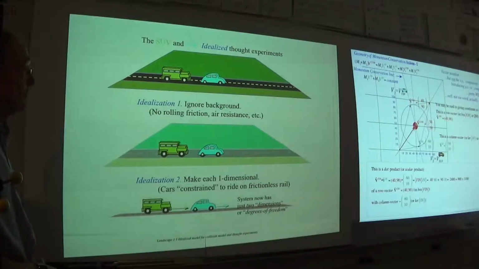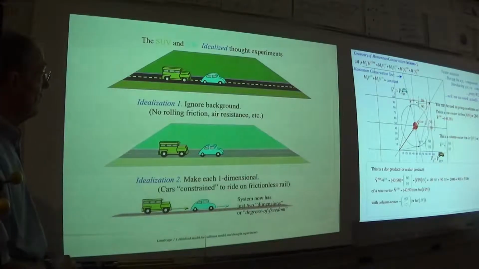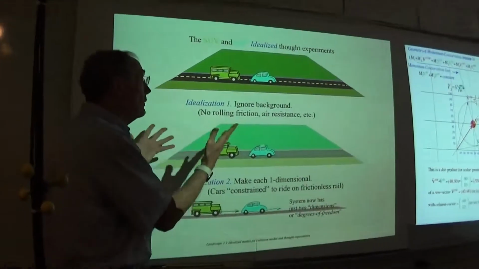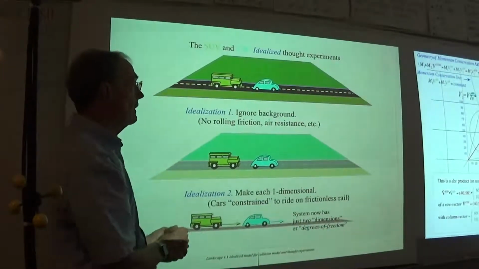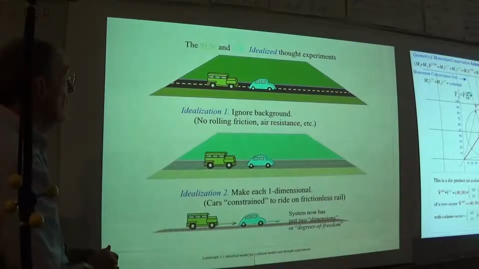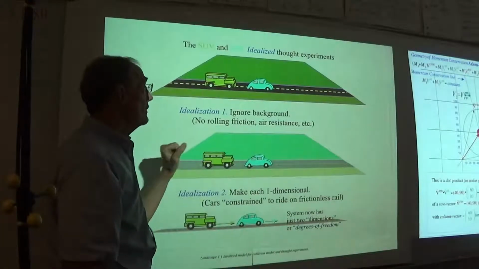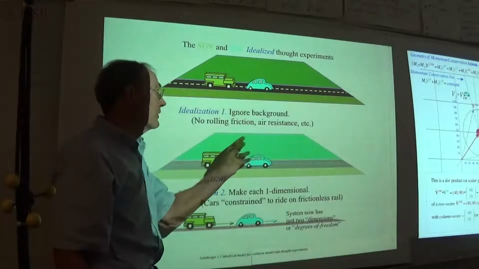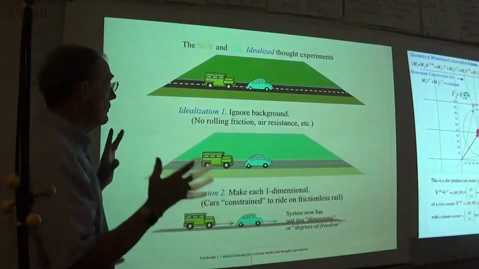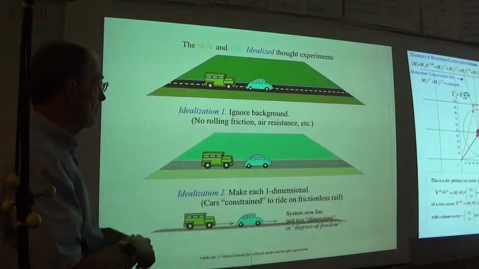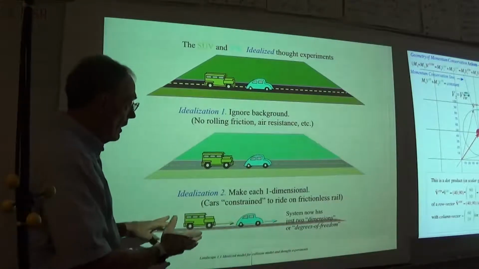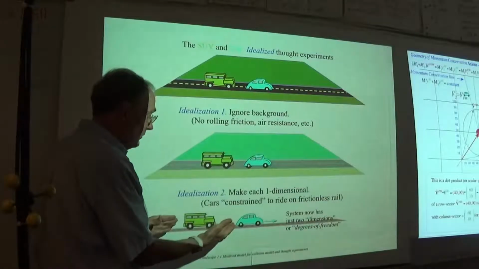In fact, we almost always have to do that, because we just don't know everything. We will always be doing this idealization of models, okay? And our idealization here is no rolling friction, no air resistance, all of the background is just gone. These two things are just doing their thing in space, if you like, empty space.